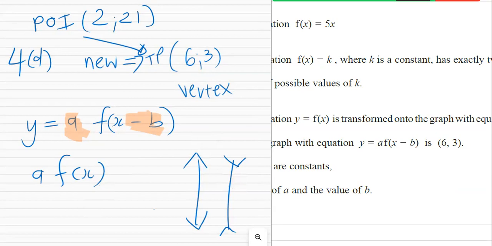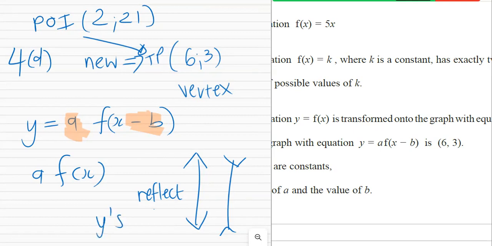It can also reflect the graph over the x-axis. But the main important thing is this a value affects the y's. Okay, it affects the y's.